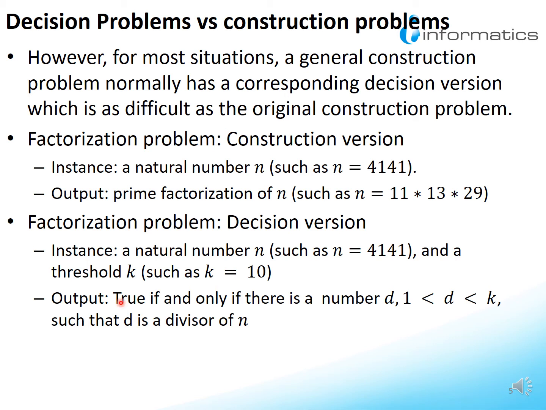The expected output is true if and only if there is a number d within the range 1 to k such that d is a proper divisor of n. So the question asks whether there is a d in this range which is a divisor of n. The expected answer is yes or no.